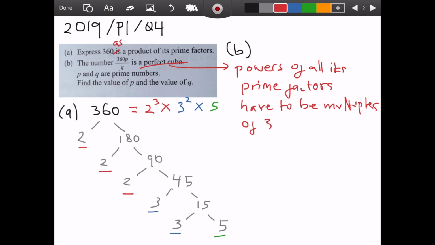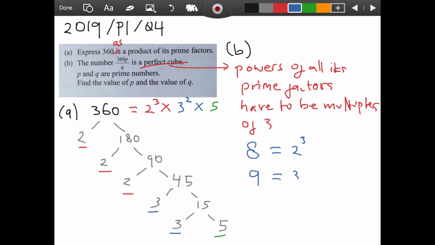Okay, so let's look at an example. For example, the number 8. Is this a perfect cube? What is the smallest prime number that can be divided into 8? 2, right? And if we put 2 to the power of 3, we get 8, right? So that means this is a perfect cube. All right, how about 9? Is 9 a perfect cube?